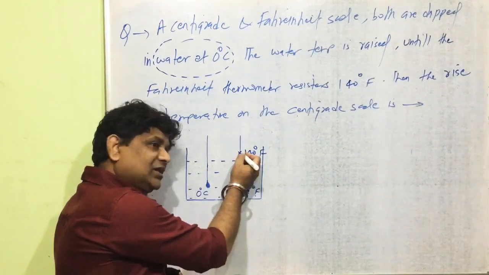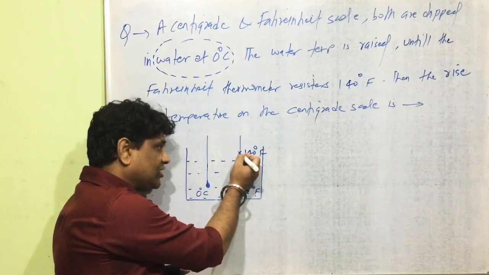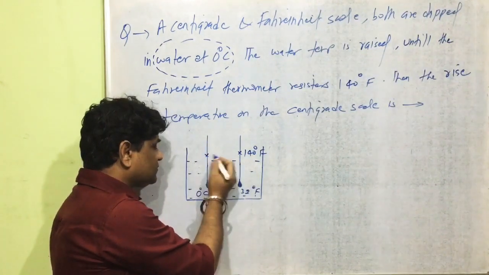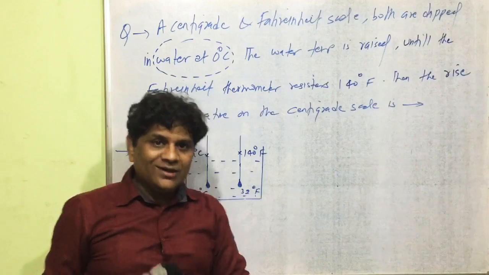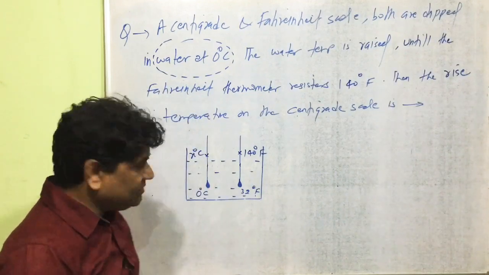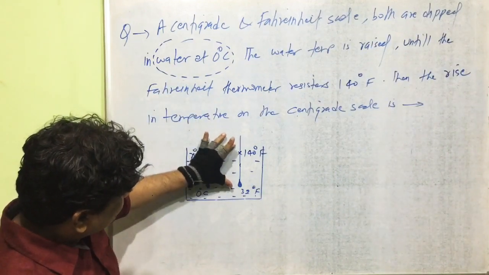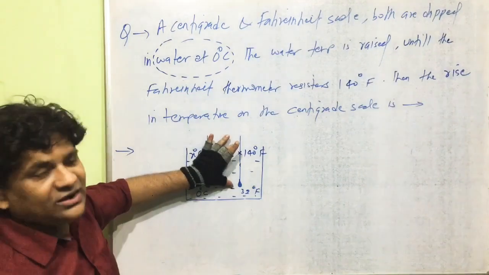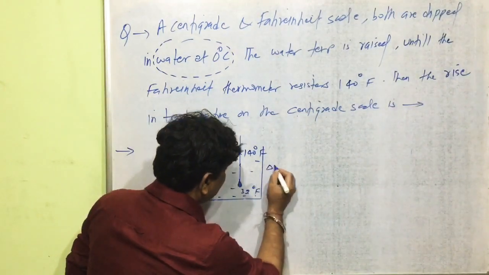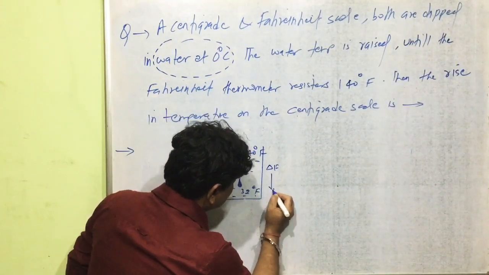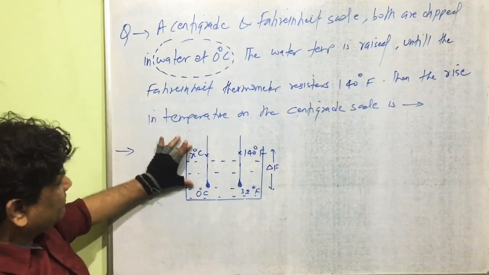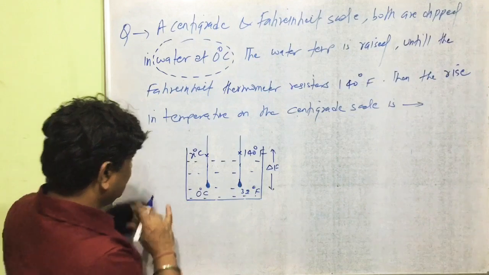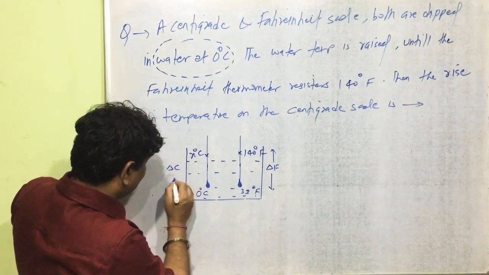When the reading on the Fahrenheit scale is 140 degrees Fahrenheit, the reading on the centigrade scale is x degrees Celsius. From the diagram it is clear, this is the change in temperature on the Fahrenheit scale, represented by delta F, and here is the change in temperature on the centigrade scale, so this is the value of delta C.